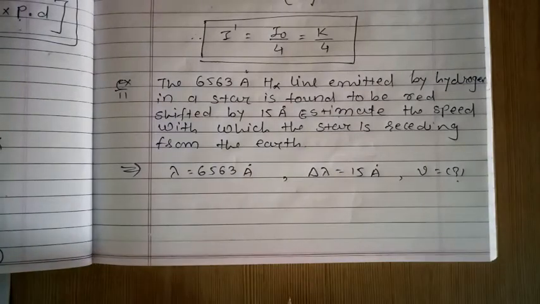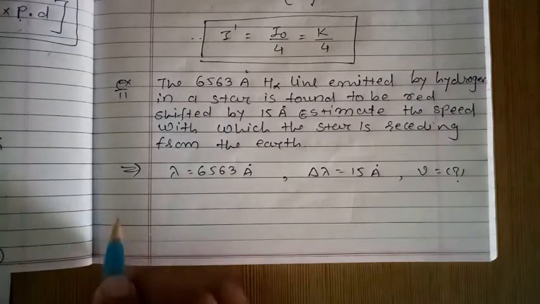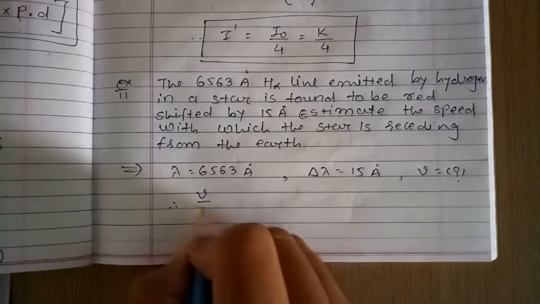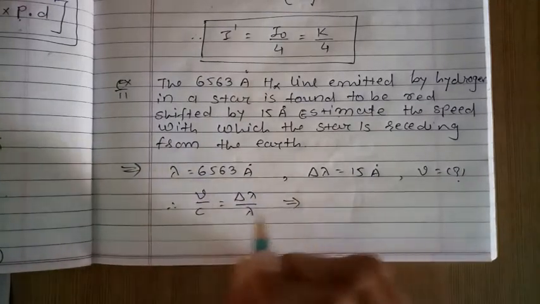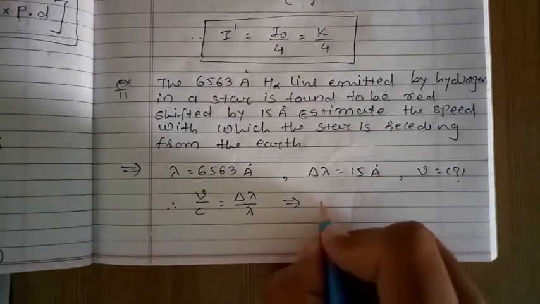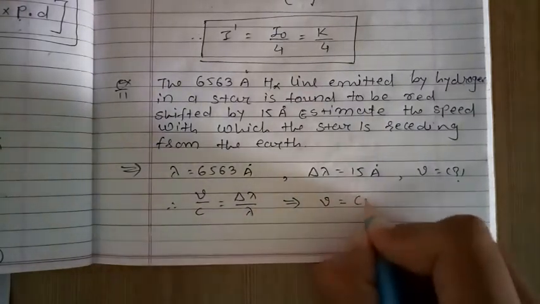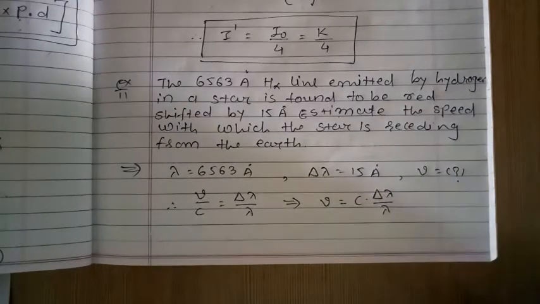We know the formula, v by c is equal to delta lambda by lambda. So we have to find the value of v, so v is equal to c into delta lambda by lambda.